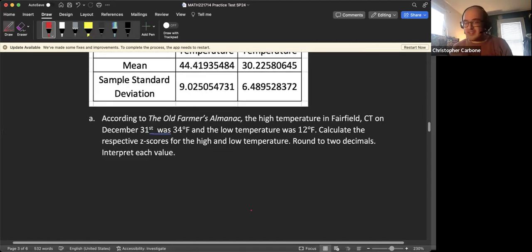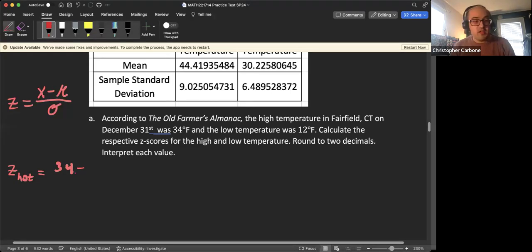So to do this calculation, let's start with the high temperature. Just to make note of the calculation before I fully write this: for the z-scores, this takes the observation minus the mean, divided by the standard deviation.